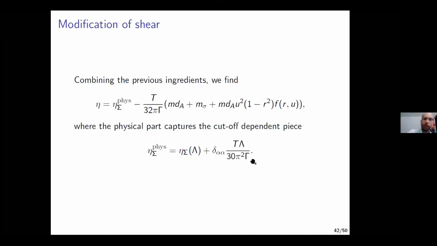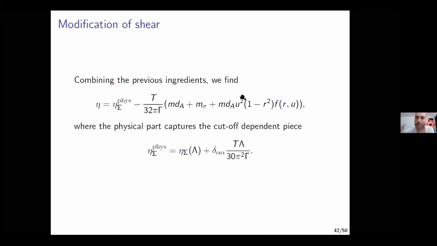So the divergences get put into your shear viscosity, and you'll have some extra corrections on top of that, given by the pion mass, the pion screening mass, the sigma screening mass, and this function which is proportional to the pion mass as well.